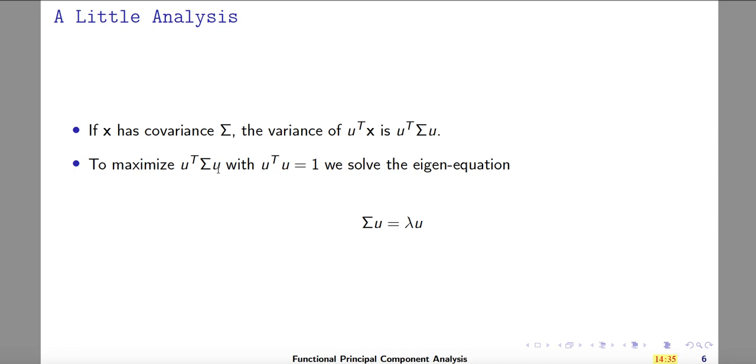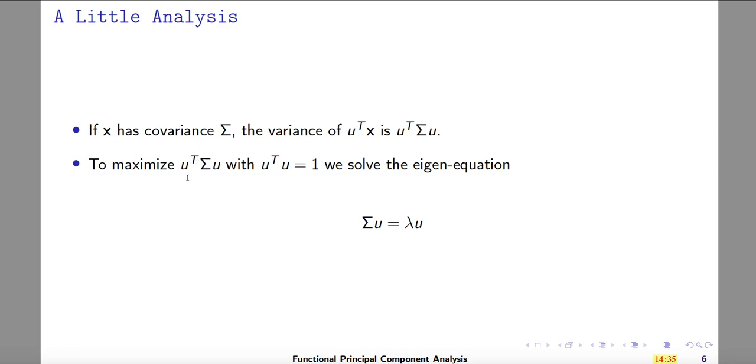Okay. At the same time, we want to make sure the u is identifiable. You may find that if we get a u that maximizes this quadratic form, we can always multiply this u by 10, for example, right? Then this quadratic form will become 100 times larger, right?